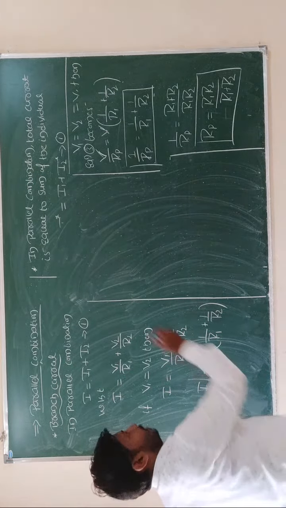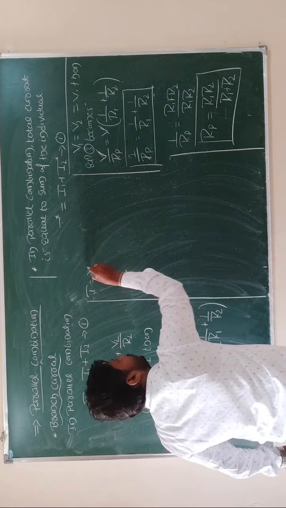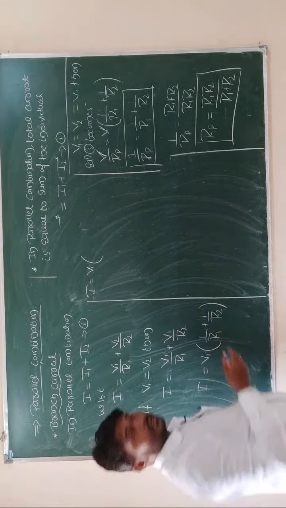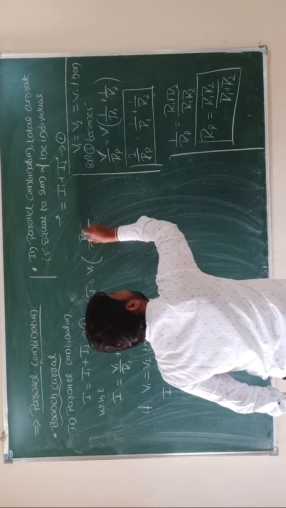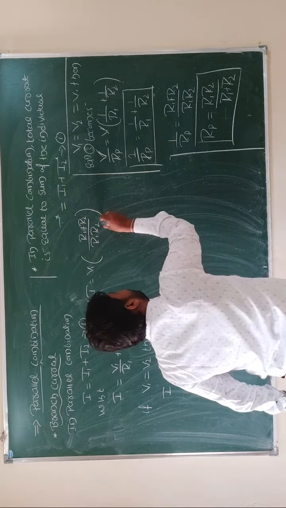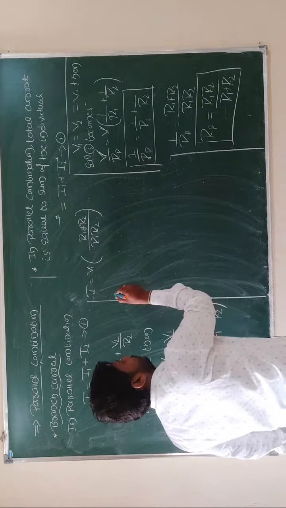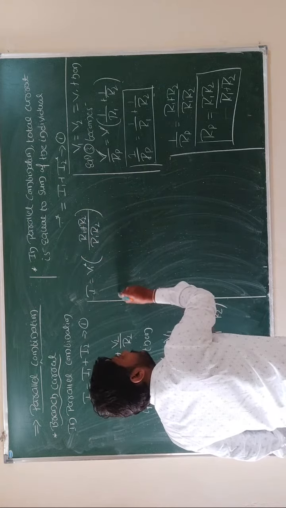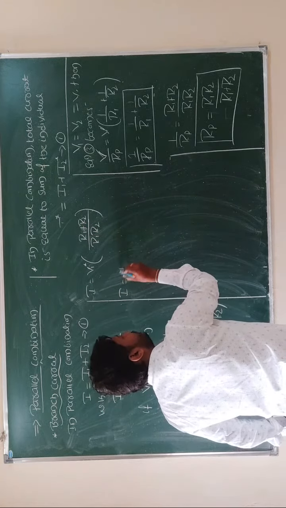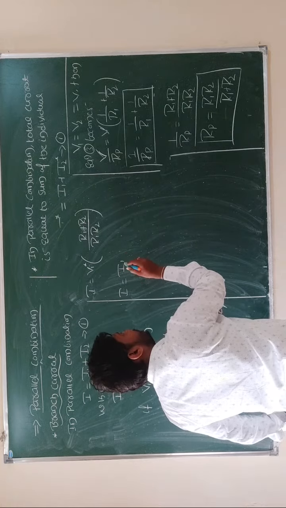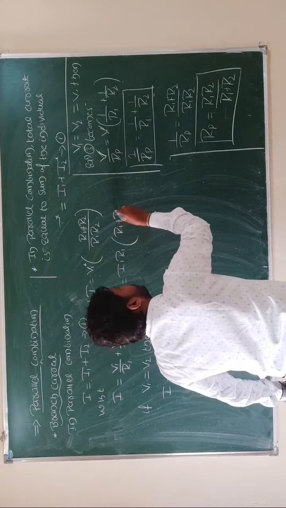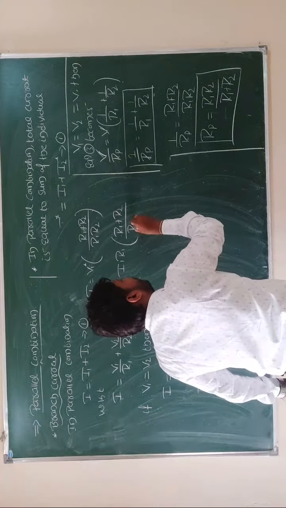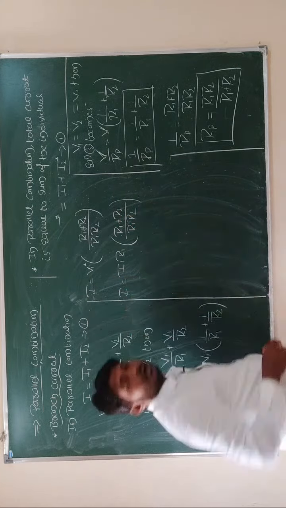So I is equal to V1 into 1 by R1 plus 1 by R2, which means R1 into R2 divided by R1 plus R2. Then wherever V1 is there, V1 is equal to I1 into R1, so I is equal to I1 into R1, R1 plus R2 divided by R1 into R2.